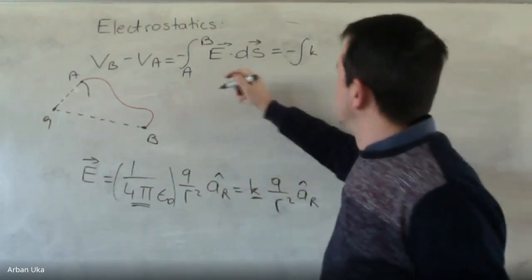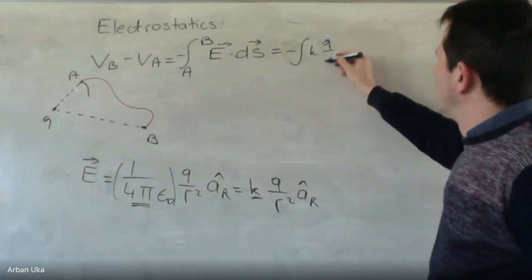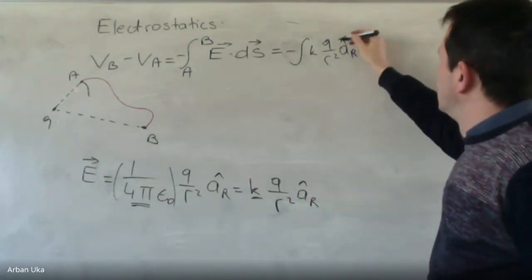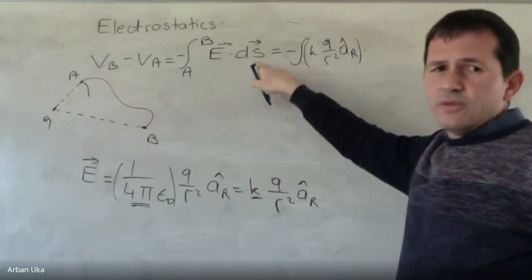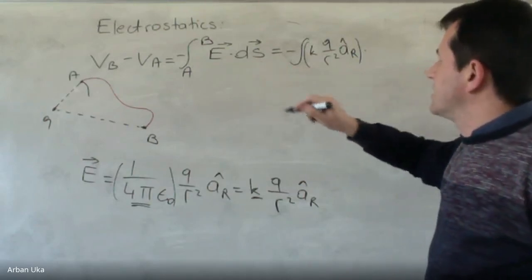Now let's come back here, and we say that the electric field is kQ over r squared times a_r. Then we take the dot product with ds. For a moment, let's assume that this ds has different components.